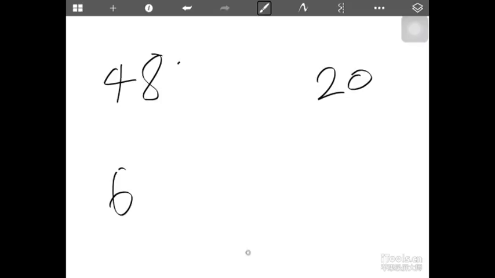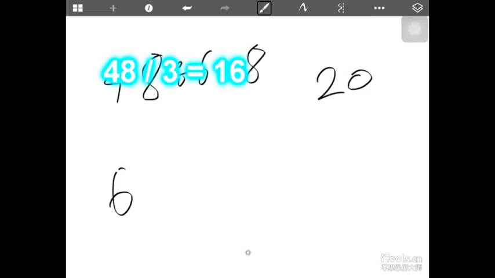Okay, so the divisibility rule for number 6 is, if the number is divisible by both 2 and 3. Let's look at 48. 48 divided by 6 will give a number without any remainders, and you guys probably just figured out the answer is 8.